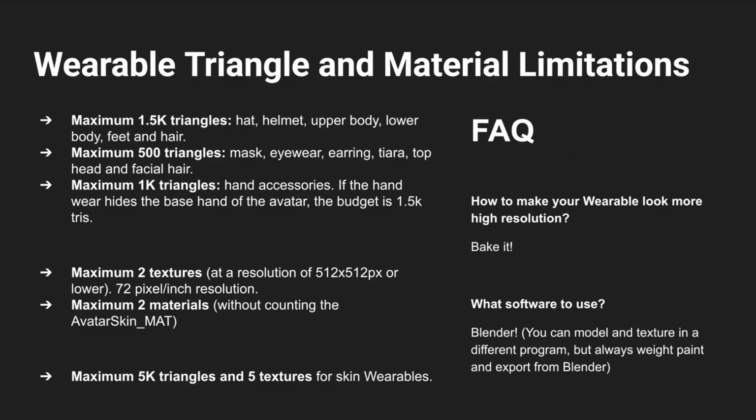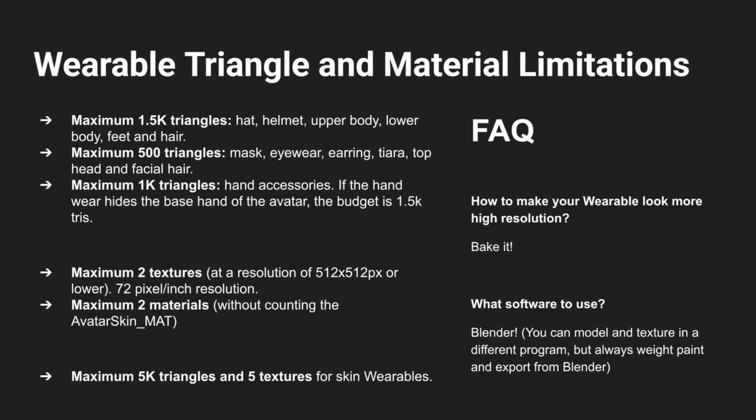Next, we have the textures. For each wearable, regardless of whether it's a regular wearable or an accessory or a hand wearable, we have a maximum of 2 textures per item. Textures are quite simply images that we plug into our Blender nodes, which we will get to in a second. They are what can give us patterns and different designs on a wearable that are beyond the geometry and just simple colors.